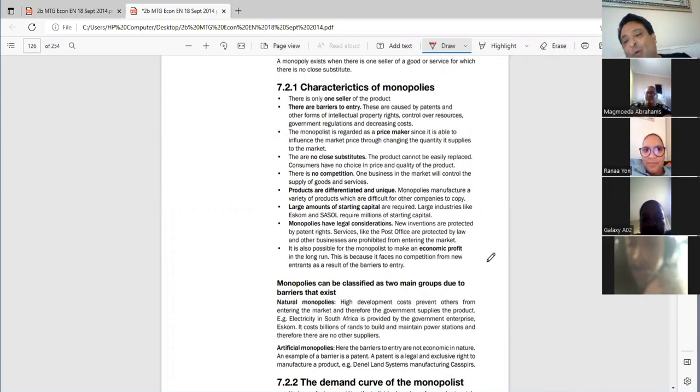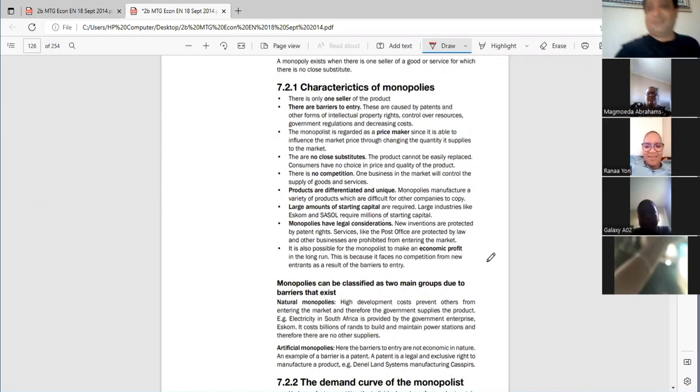If you want Romany Creams and there are none, you can buy chocolate biscuits. That's a substitute. But because of a monopoly, there are no close substitutes. Unless you buy the Chinese lights, but they're only going to last for an hour.